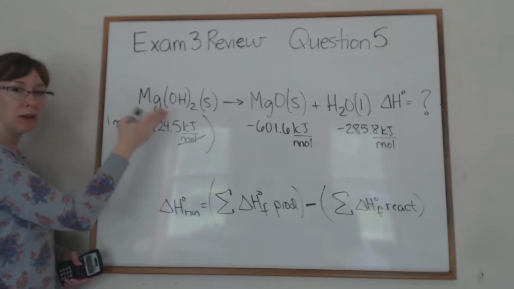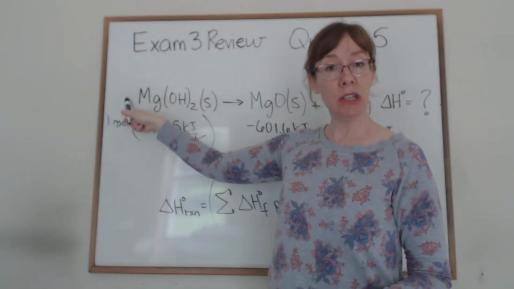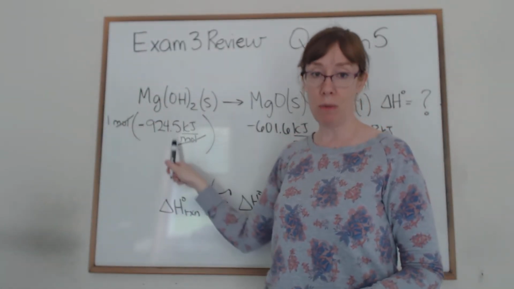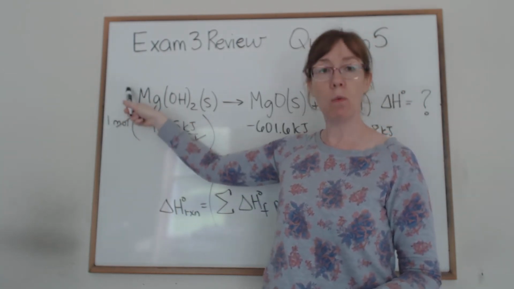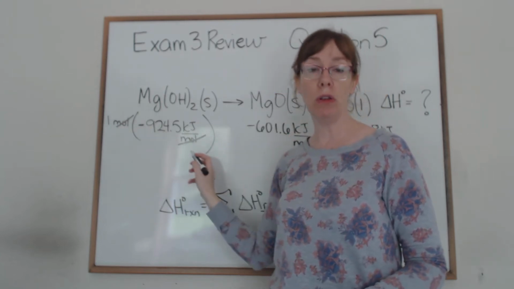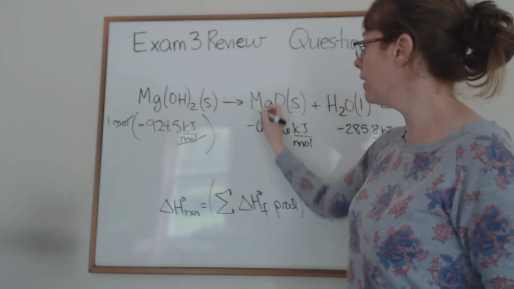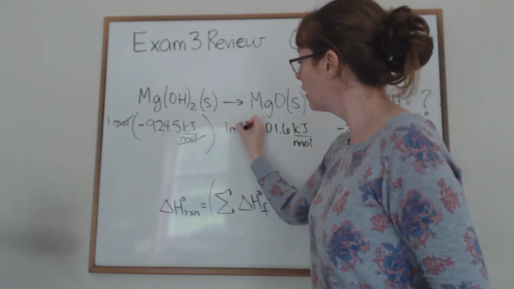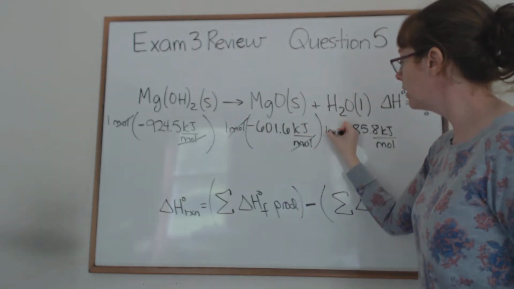If you had forgotten to do it, it wouldn't have affected your answer. However, if this had been a 2 and you forgot to do it, you'd get the wrong answer. So as a matter of habit, even if it's a 1, times it by 1 mole, and frankly, that's where the mole unit goes. So we have 1 mole of this, 1 mole of this, and 1 mole of this.